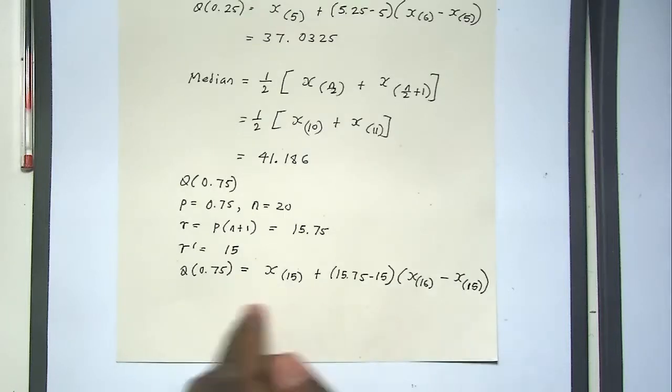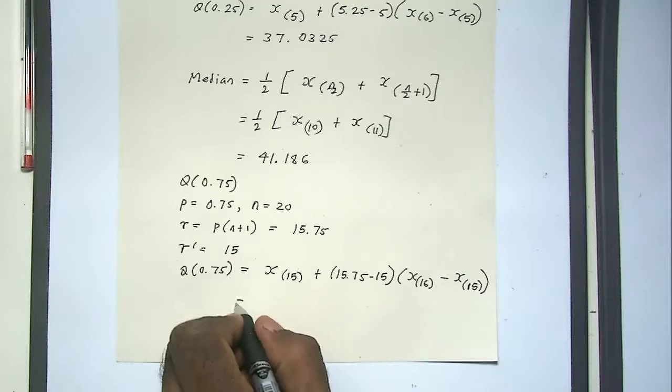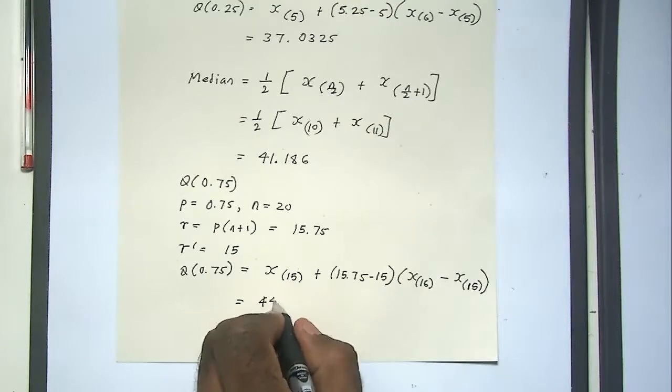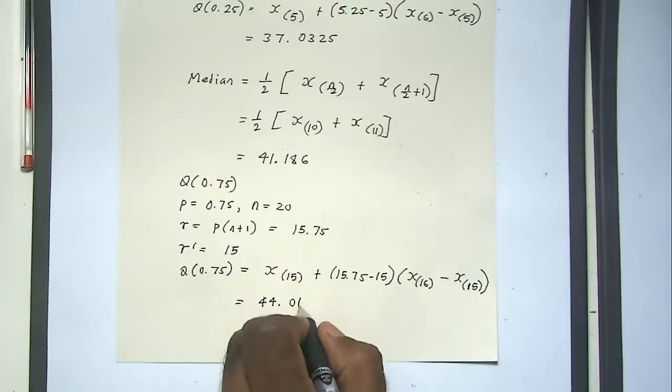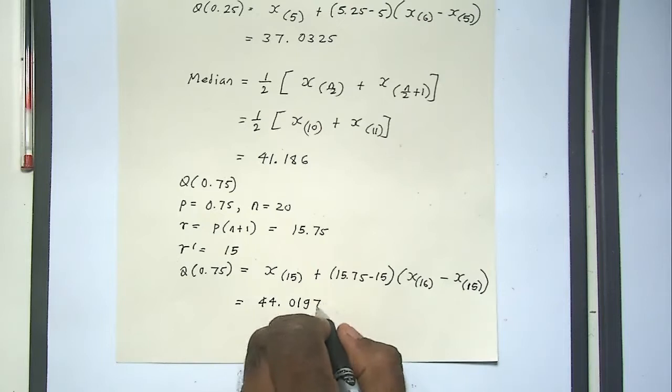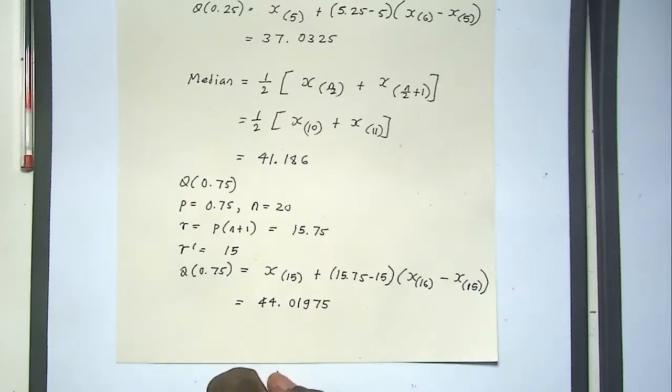And if you work this out, you will get 44.01. Right, this is the third quartile.